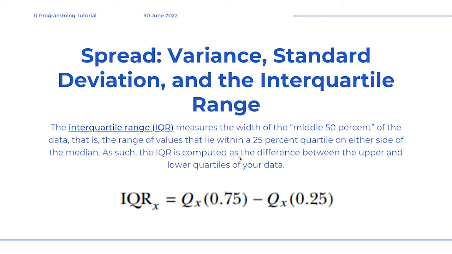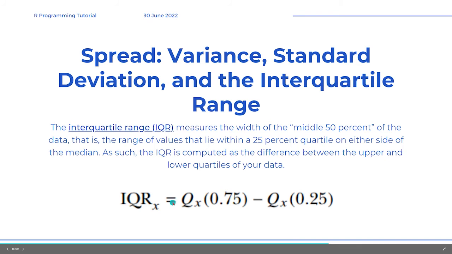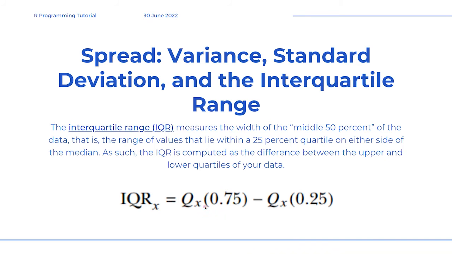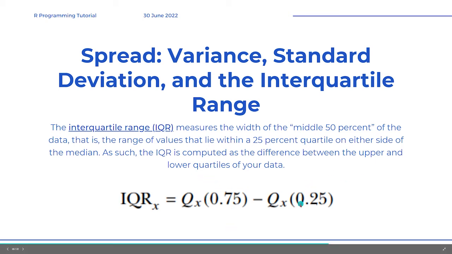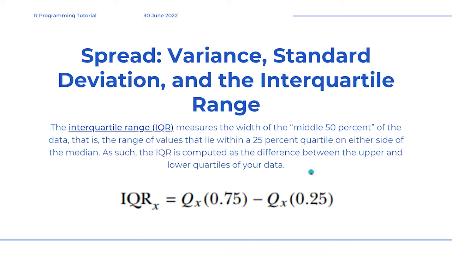Formally, where Q denotes the quartile function, the IQR is equal to the value of the 75th quartile minus the value of the 25th quartile.